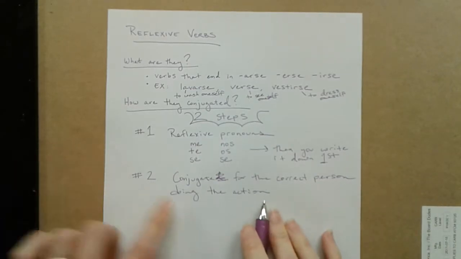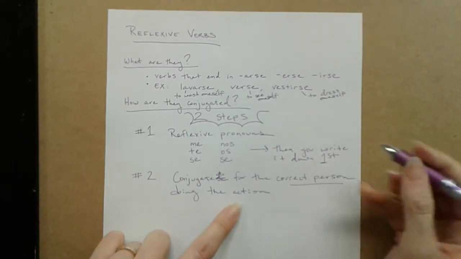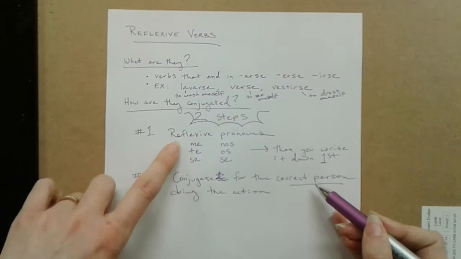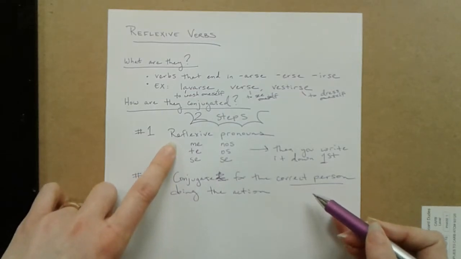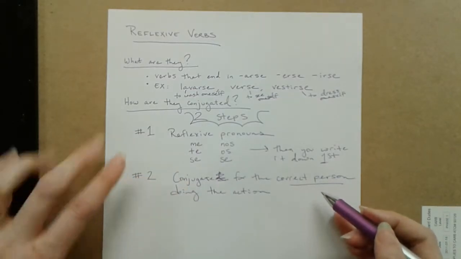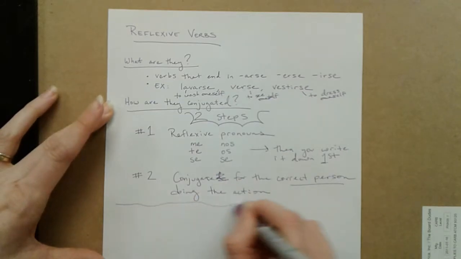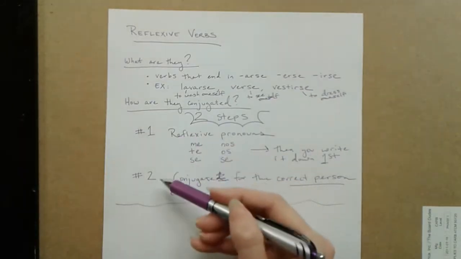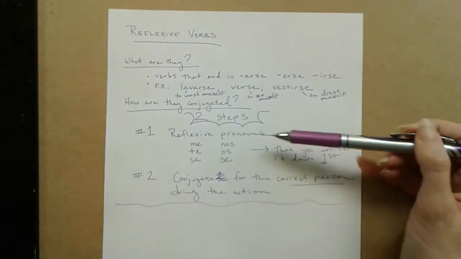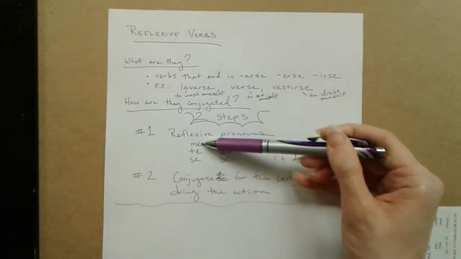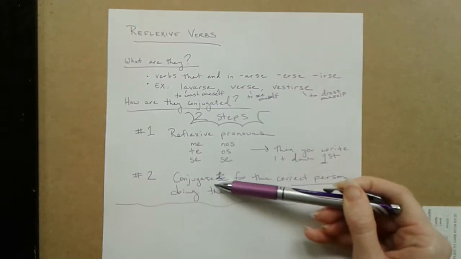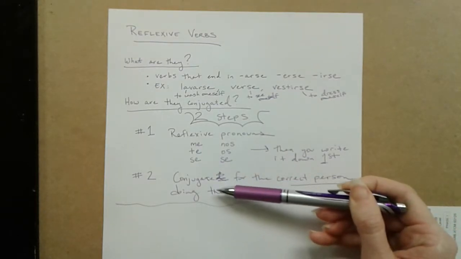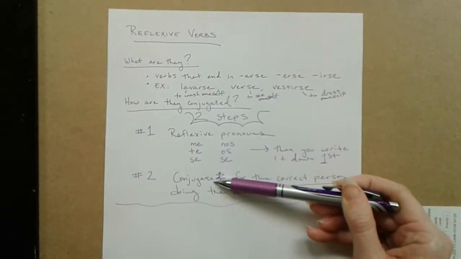And then note that this is the same person that the reflexive pronoun is referring to as well. So another way that people think about reflexive verbs is that they have 2 parts that reflect each other. The reflexive pronoun reflects the person that the conjugation also shows. And some examples of this will help you.